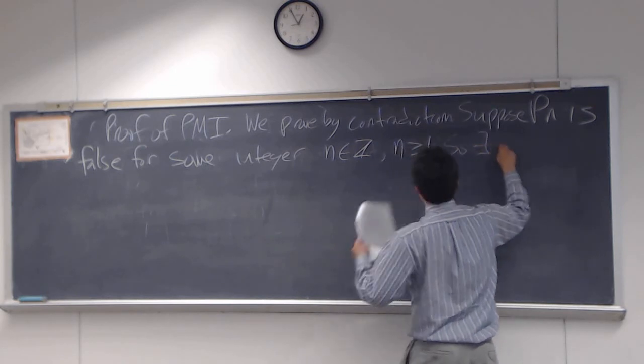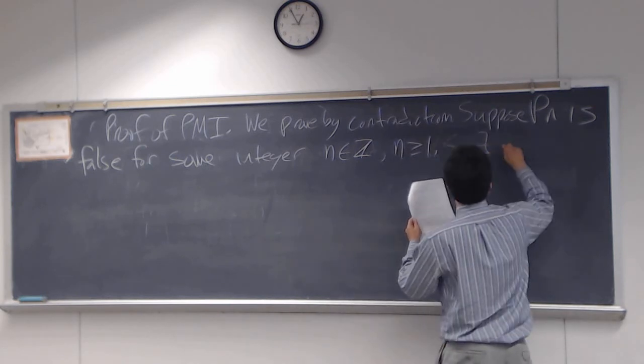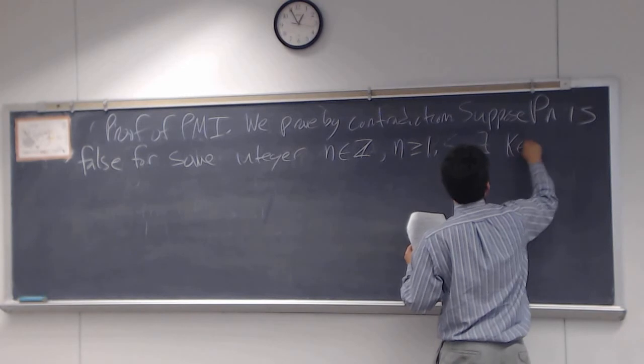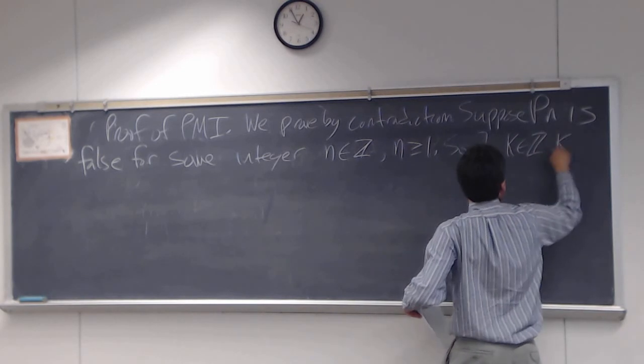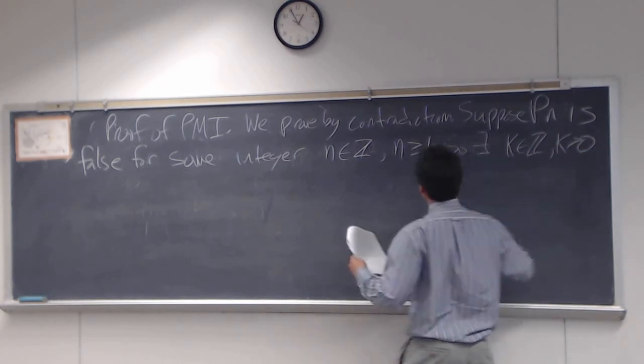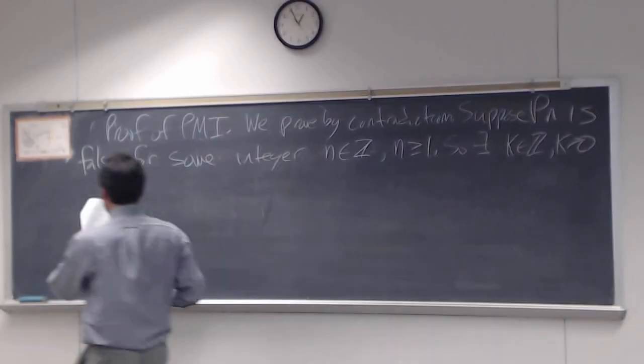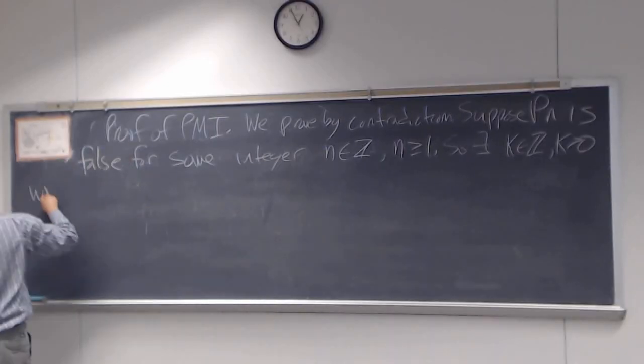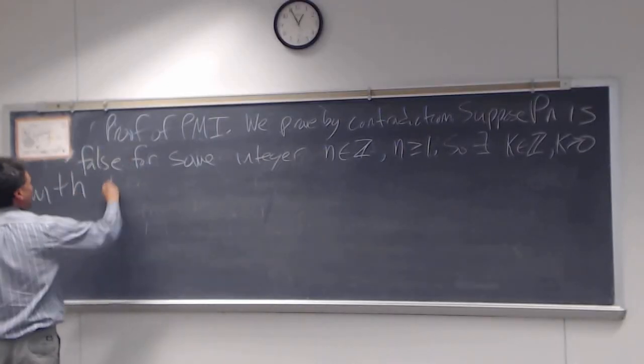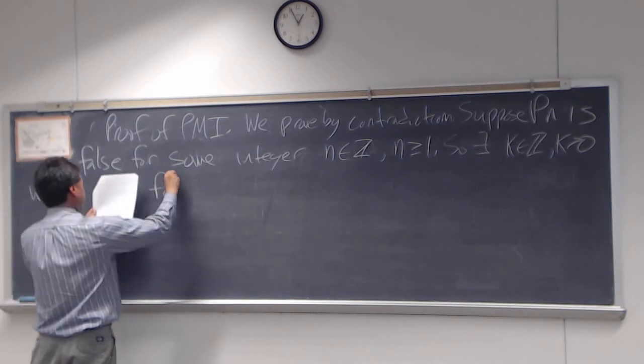So there exists a k that's a positive integer with Pk false.